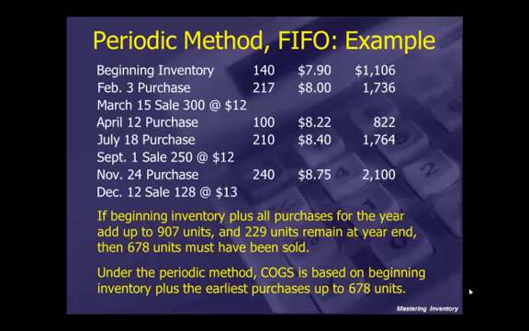The 907 units that we had available, less the 229 units that remain at year end, indicate that 678 units have been sold. So under the periodic method, cost of goods sold is based on the beginning inventory plus the February 3rd purchase plus the April 12th purchase plus the July 18th purchase plus 11 units out of the November 24th purchase to add up to the 678 units sold.